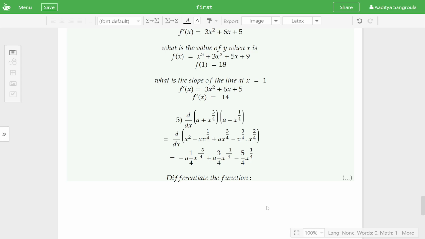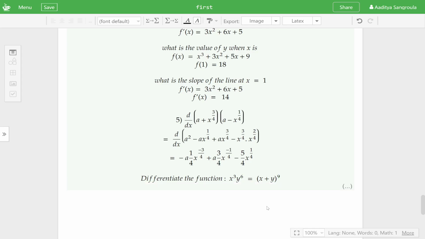Differentiate the function, and the function is x cubed y to the 6th power equals (x plus y) to the power 9.